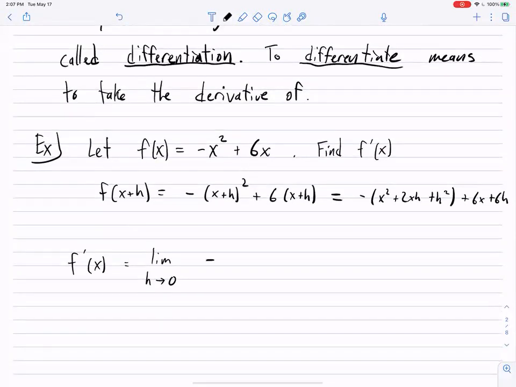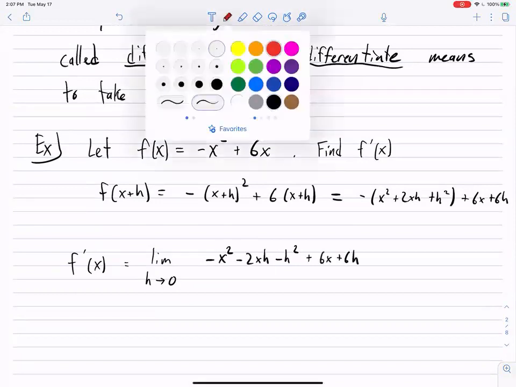Plugging that in, I get negative x squared by distributing this, negative 2xh minus h squared, and then plus 6x plus 6h, because that's f of x plus h, right?